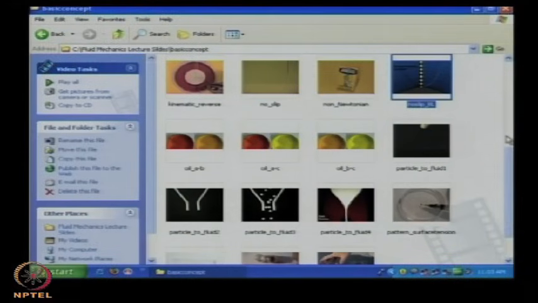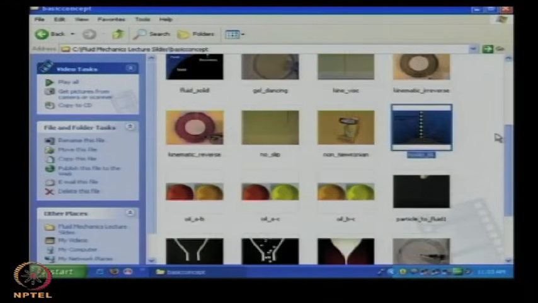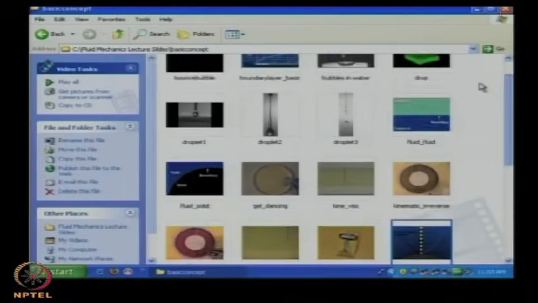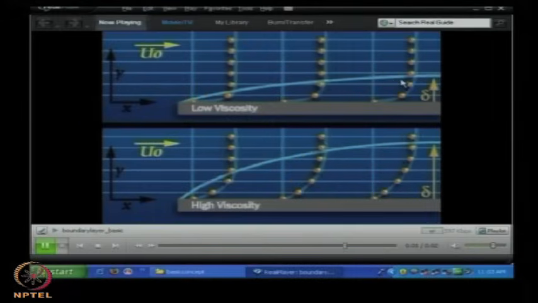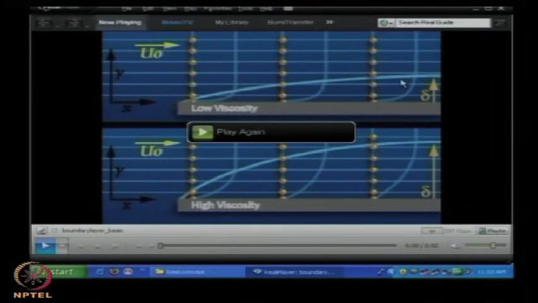This is a very important concept, and we will discuss it in greater detail, but before that let us see another one.